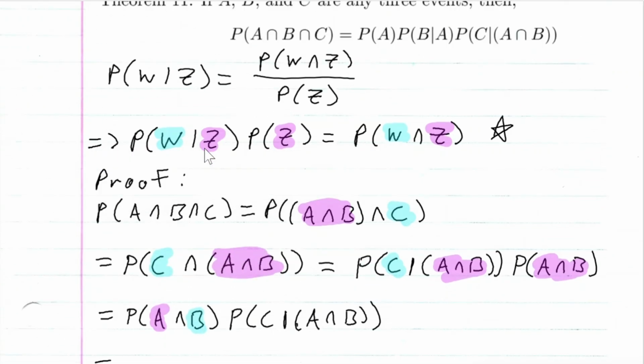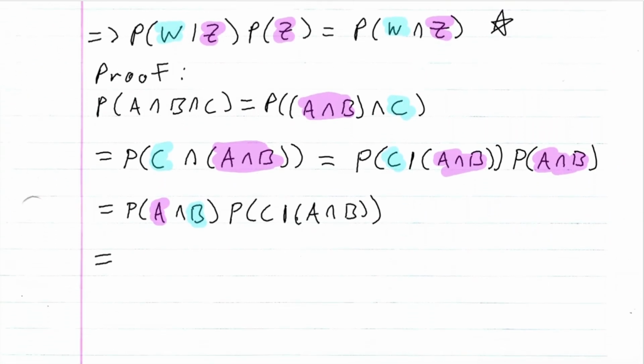Notice here, W given Z, I want A by itself. So that means A's got to be the purple, because that's when A would be by itself. Okay, so let me go down a little bit. There we go. So I need the B over here, so let me go back a little bit.